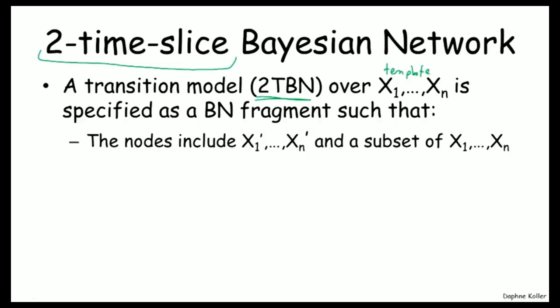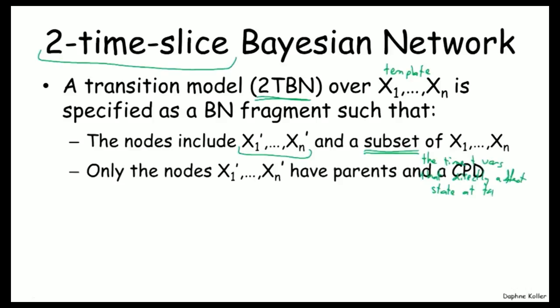The nodes have 2 copies: the next time state variables X1 prime up to Xn prime, and some subset of X1 up to Xn, which are the time t variables that directly affect the state at t+1. Okay?